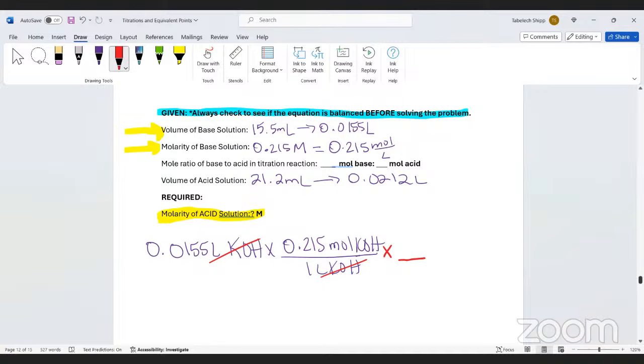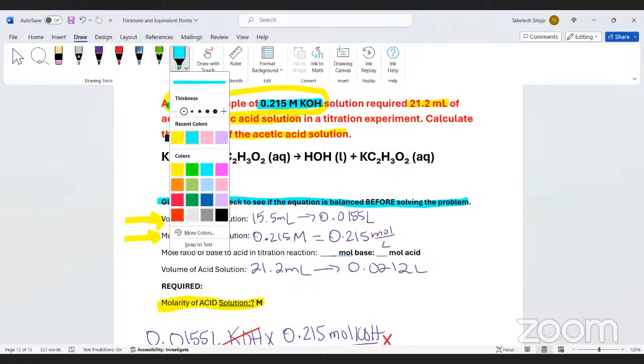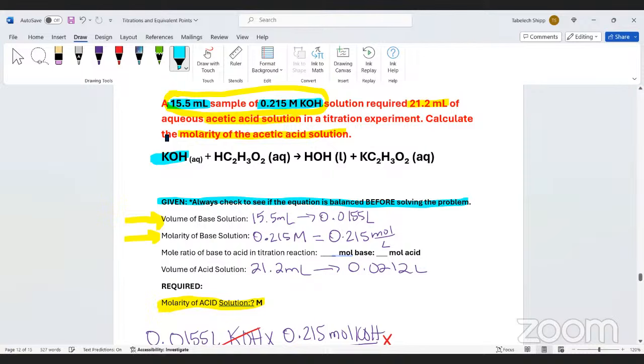Back to my equation, my formula, my reactant. They gave you potassium hydroxide, okay? And they gave you acetic acid. So these 2 are what's going to be used for my mole to mole ratio. Well, there's an imaginary 1 in front of KOH and an imaginary 1 in front of acetic acid.